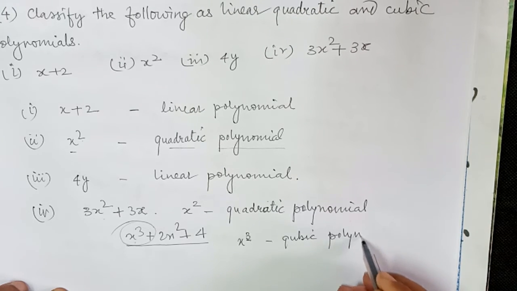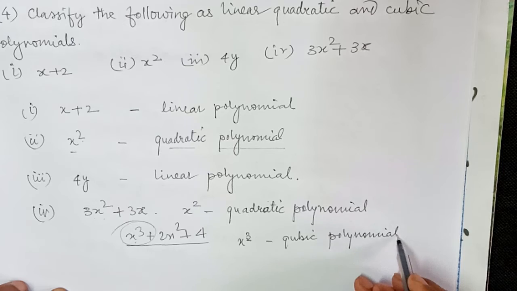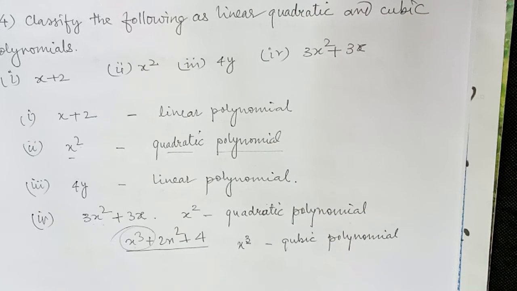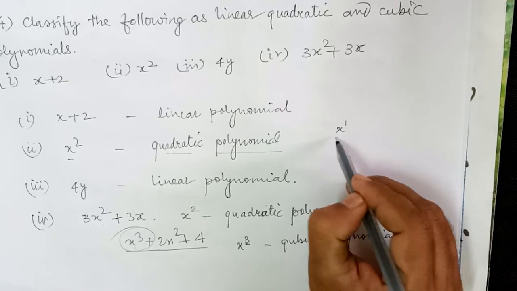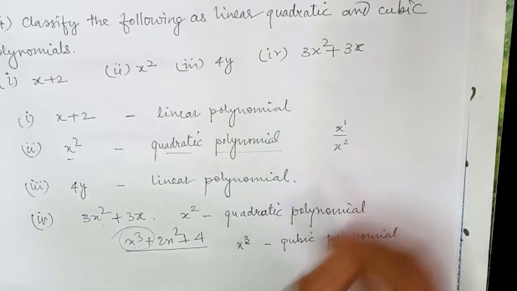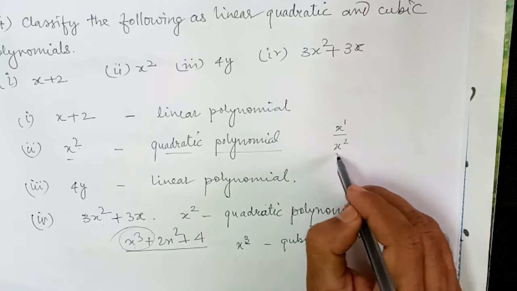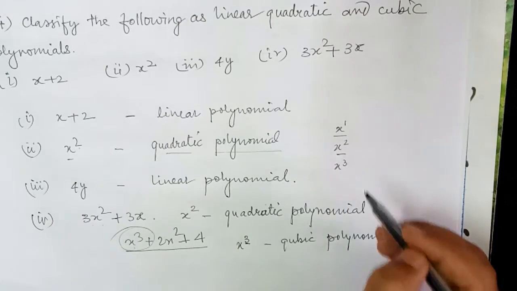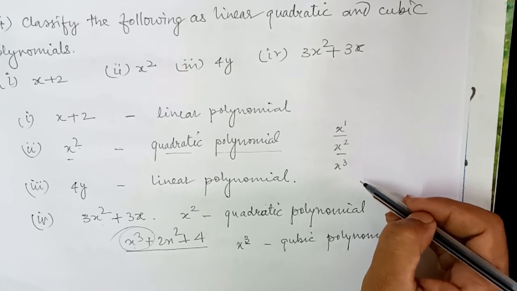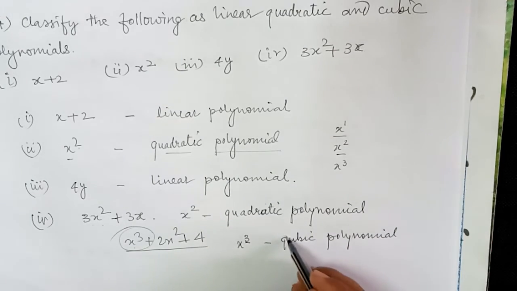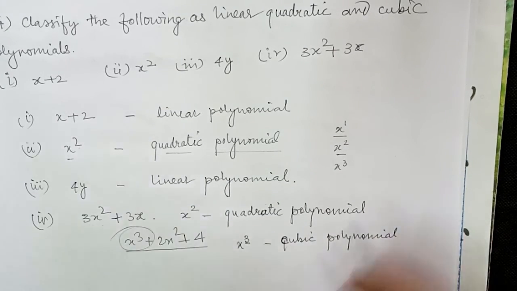So this way we can determine the polynomials: linear if the power of x is 1, quadratic if x to the power 2 is there, and if x to the power 3, then it is a cubic polynomial. Sorry, I had written it wrongly.